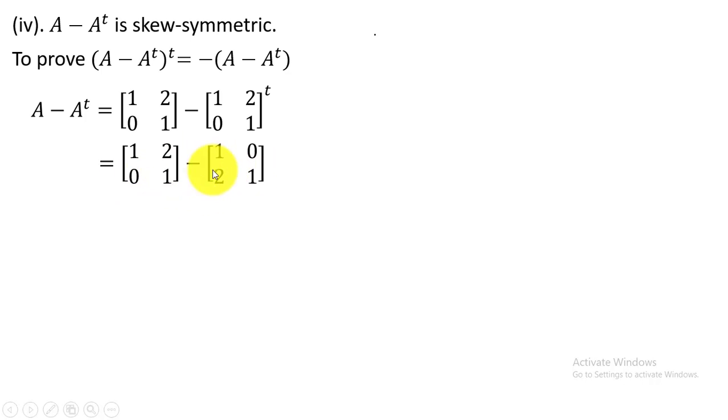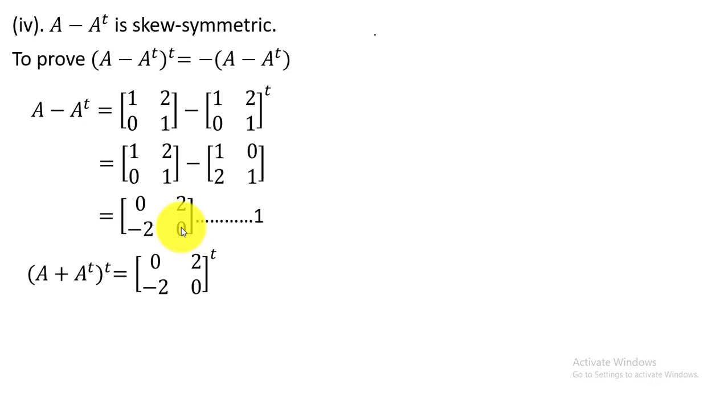Now find the difference of these two matrices. We just subtract the corresponding elements of both matrices. So 1 minus 1 is equal to 0, 2 minus 0 is equal to 2, 0 minus 2 is minus 2, 1 minus 1 is equal to 0. This is equation number 1.